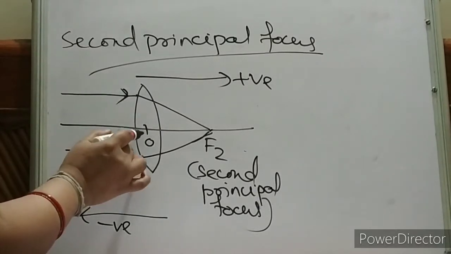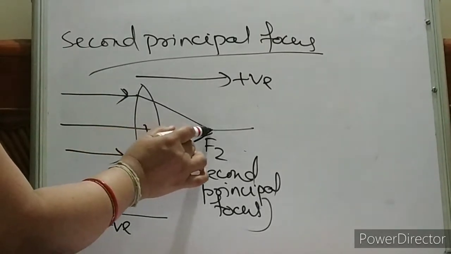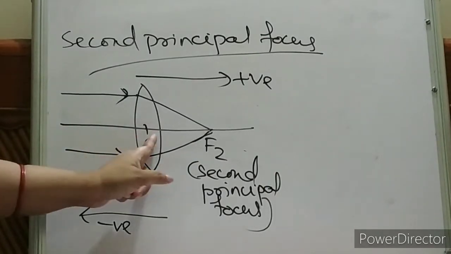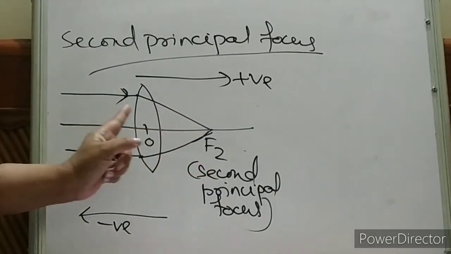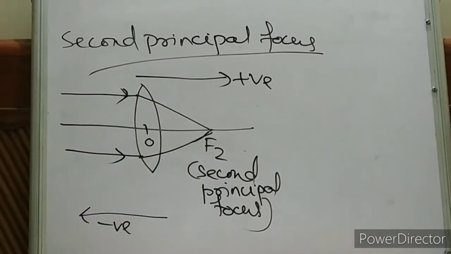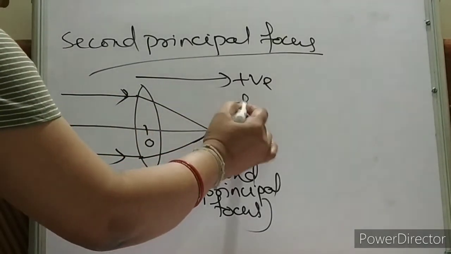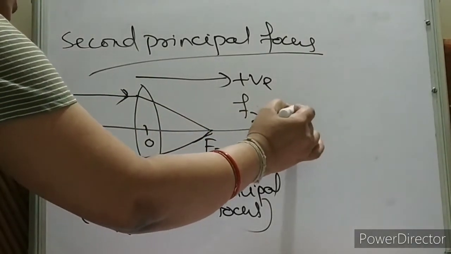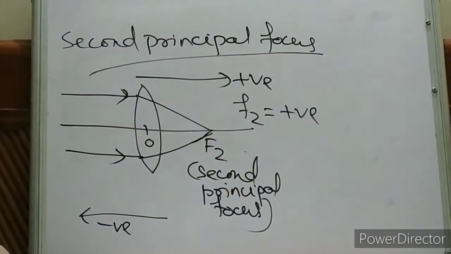See, the focal length is also from optical center to focus. So this distance, the focal length, is also in the same direction as your incident ray. So here the focal length, your f2, is positive. Clear children? Here f2 is positive.